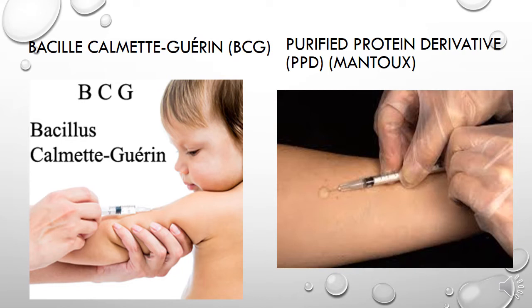Some places are now requiring, again, that two-step. More internationally, we see the BCG, which will leave a fairly large scar, kind of circular in nature, on a patient's arm. And again, the BCG is actually a vaccine-based concept to try and build immunity towards TB as well.